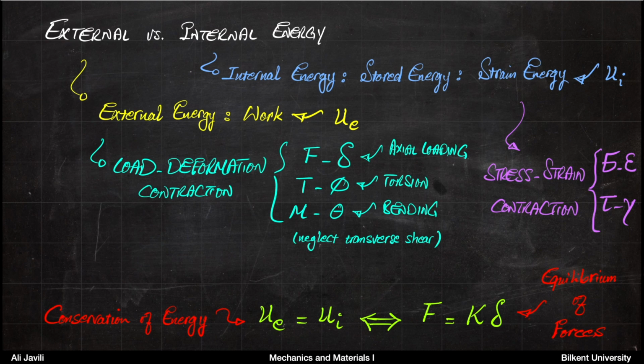Again, if you are dealing with an axial loading problem, usually you apply a force F and delta is the displacement or deformation measure. If it's a torsion problem, your external loading would be torque, and then your deformation measure would be angle of twist. If you're thinking about bending, assuming that you apply a moment M, then your deformation measure is angle theta.